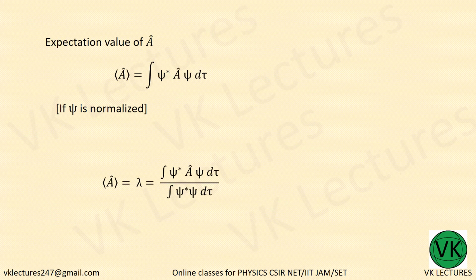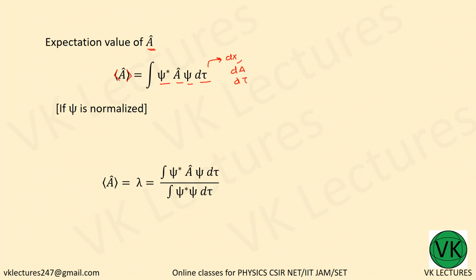Now energy, it is i h cross dou by dou t. Expectation value of A is given by the triangular bracket we put around the operator A, which is equal to integral psi star A psi d tau, or dx, or d tau.